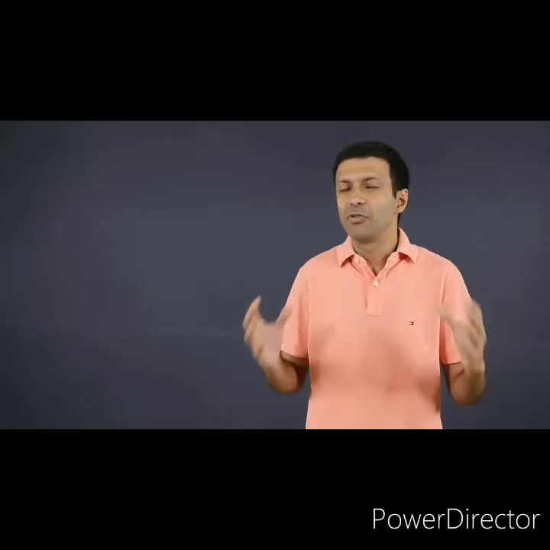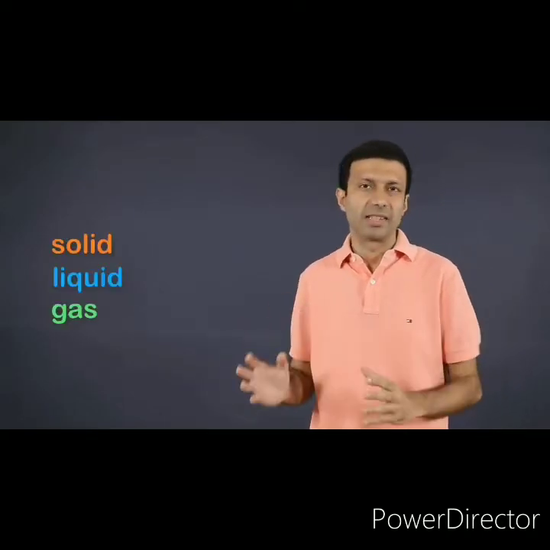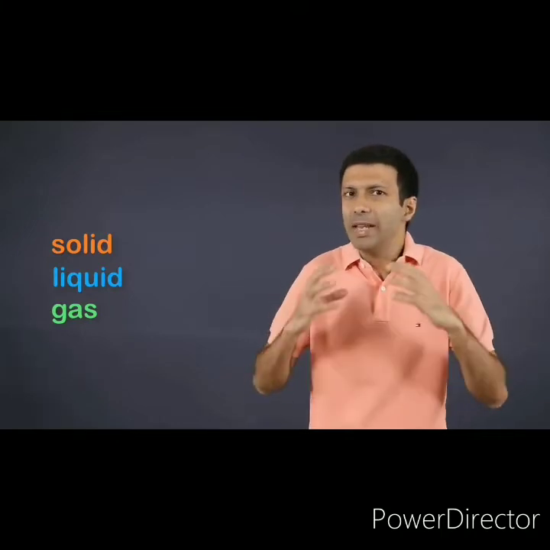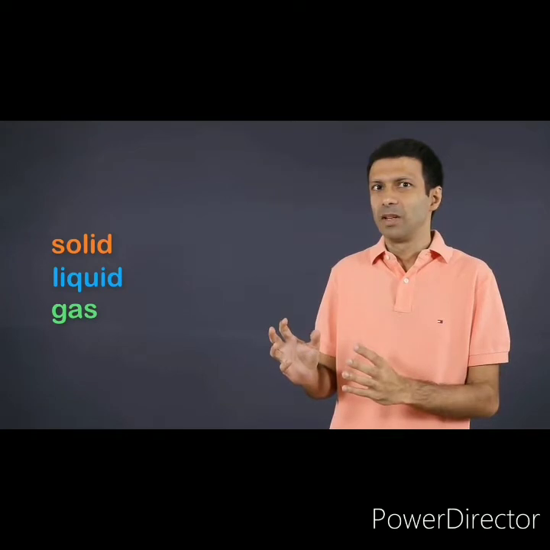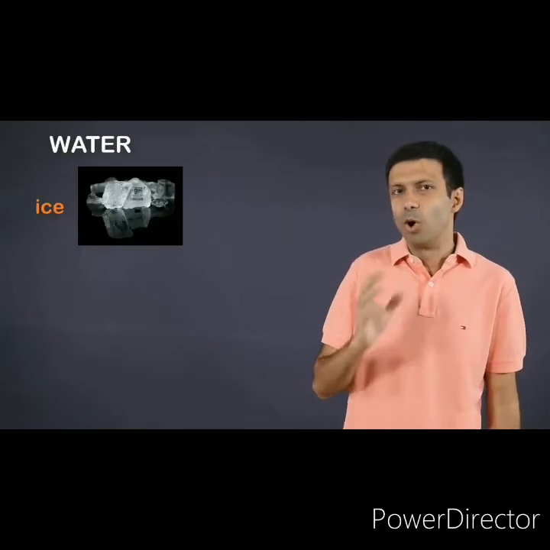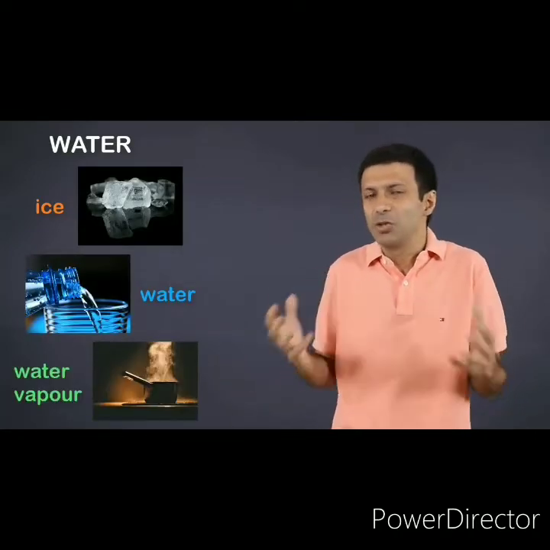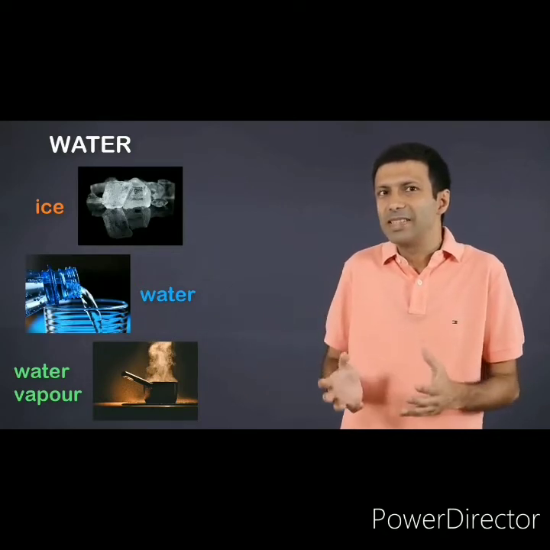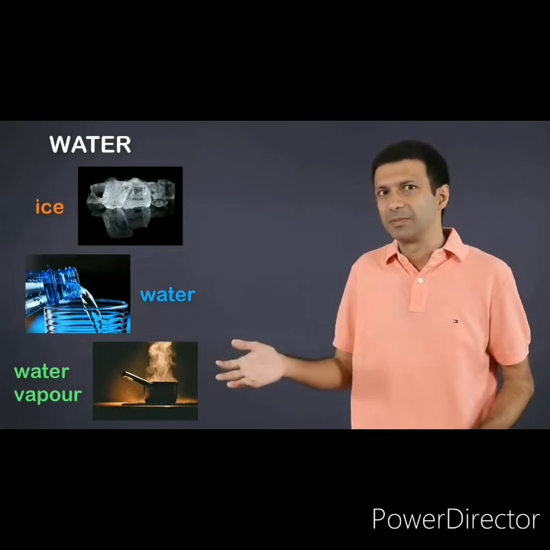We have discussed the difference in properties between solids, liquids and gases. But what makes something a solid, a liquid or a gas? For example, if you take water, it can exist in all three forms: ice, water and water vapor. Now, it's the same substance, water. So how can it exist as a solid and a liquid and sometimes a gas?